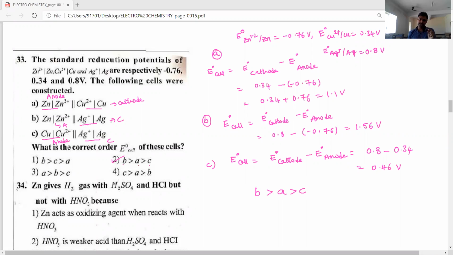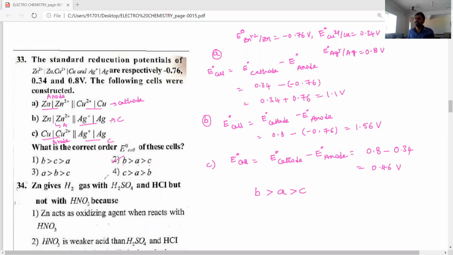Listen dear students, if we need to calculate the standard electromotive force of the cell using standard reduction potentials, sometimes only reduction potentials are given. Then E0 cell is E0 of cathode minus E0 of anode. If both oxidation potentials are given, then the electromotive force of the cell is E0 of anode minus E0 of cathode.